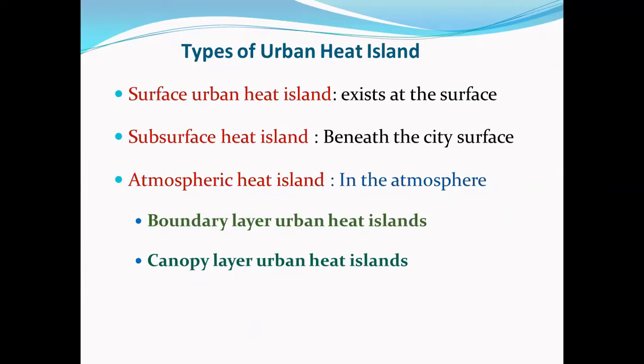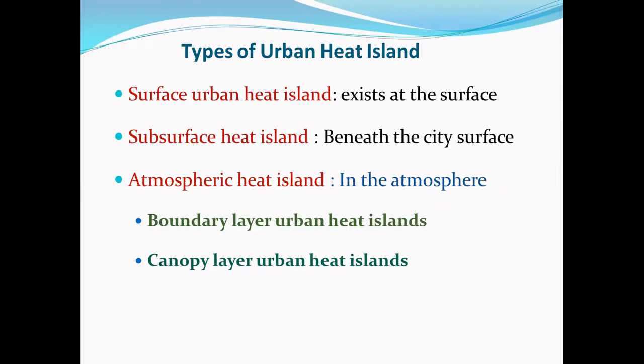Second one, subsurface heat island. These are formed at different layers of soil beneath the earth's surface. Third one, atmospheric heat island. These are formed where there is a difference between the air temperatures of urban and rural areas.